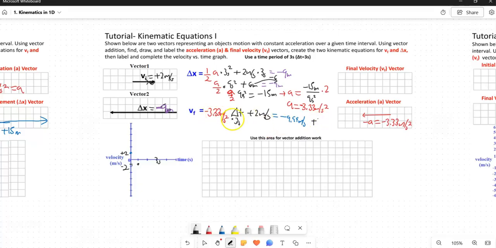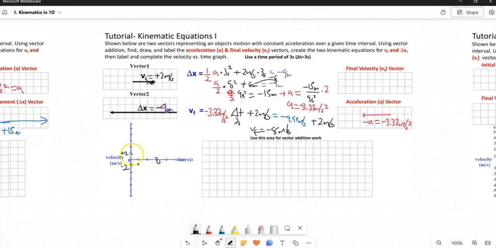So that's basically 10 plus 2 meters per second is going to be equal to 12, -12 meters per second. Nope, nope, that's going to be -8, sorry. Negative 9.99 plus 2 is, you don't add, so it's -8 meters per second.